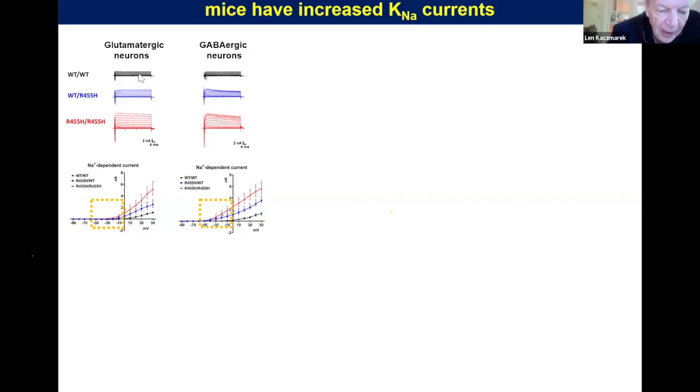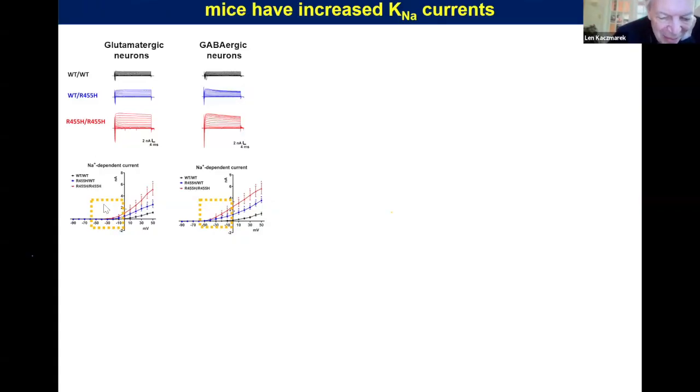These are recordings of the electrical activity, and you can see that the potassium currents, which are the main thing we're seeing here, are bigger in the heterozygous than the wild type, and they're bigger in both the GABAergic and the excitatory neurons.